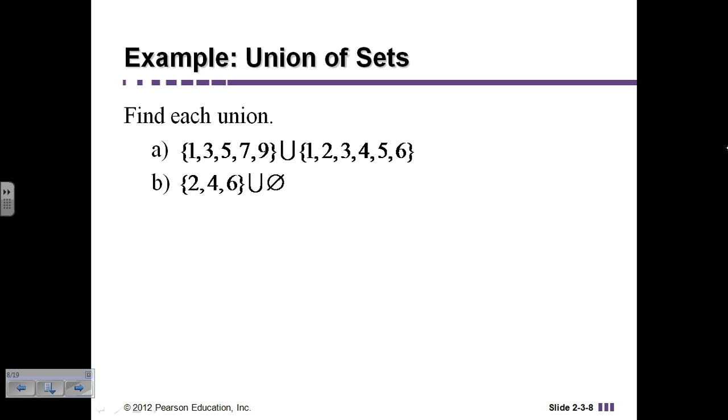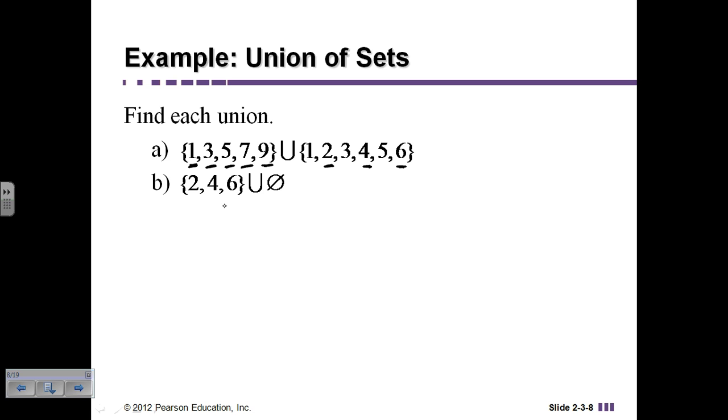If we look at this problem again and ask what's the union of the sets, we have to make sure we take one of everything. So the 1 would come, the 2, the 3, the 4, the 5, the 6, the 7, there's no 8, and then the 9. So the union of these two sets would be the numbers 1, 2, 3, 4, 5, 6, 7, and 9.